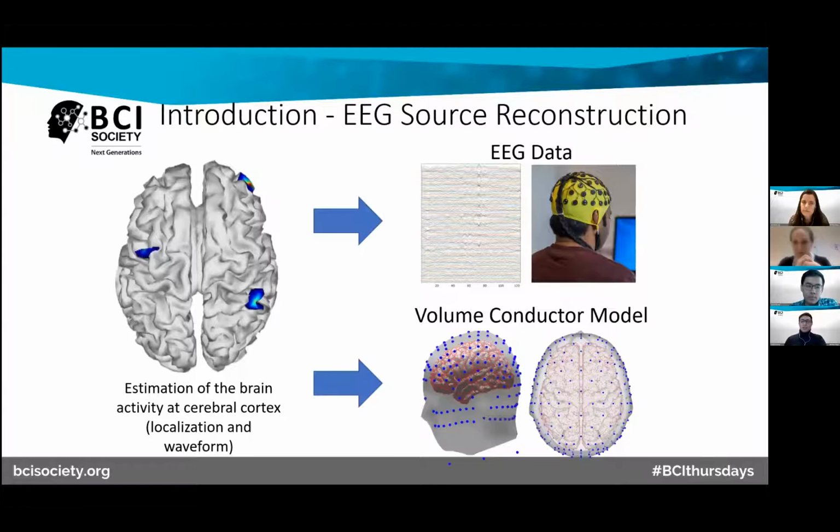First of all, I would like to start with a brief introduction. What is EEG source reconstruction? It is the estimation of the brain activity at the cerebral cortex, which can be expressed in terms of the localization and the waveform or time courses of the source activity. For obtaining such images of the brain, source estimation requires EEG data, the data recorded at the scalp, and a model of the brain conductivity in order to obtain a better estimation.